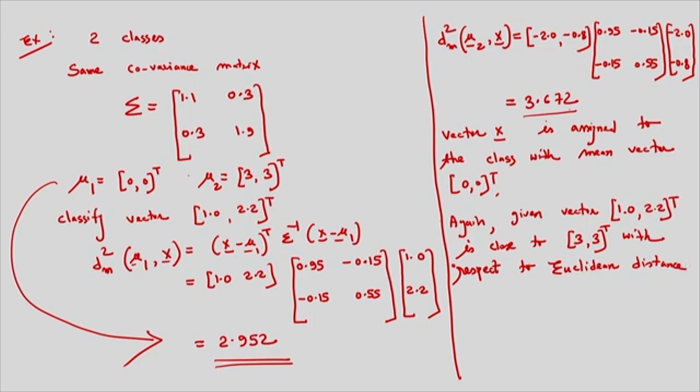If I consider Euclidean distance, the result will be different. In case of the Euclidean distance, the Fisher vector x is assigned to the second class.